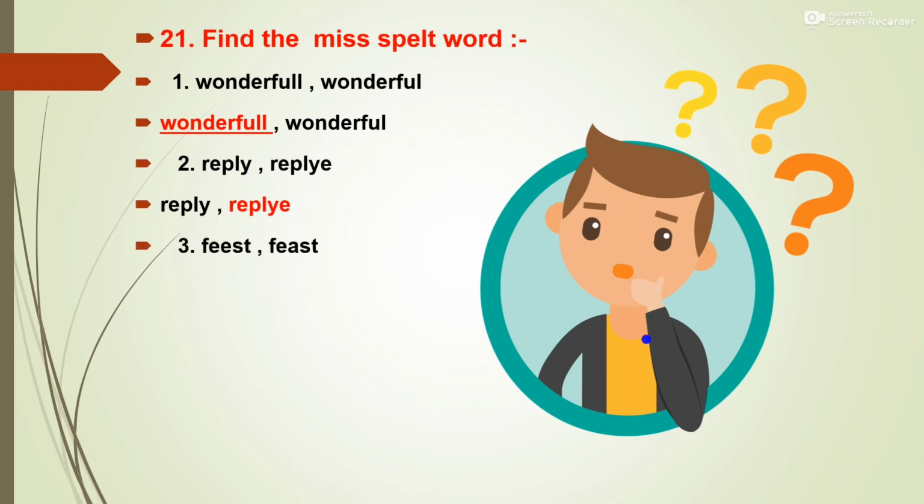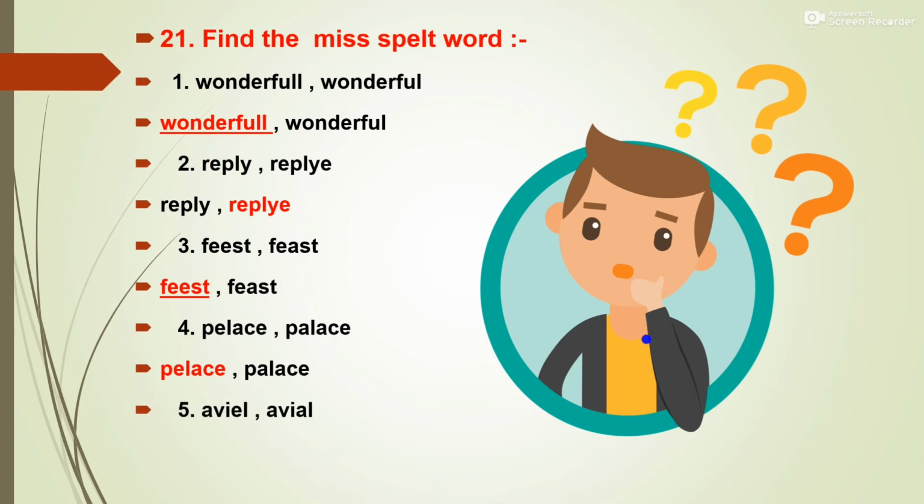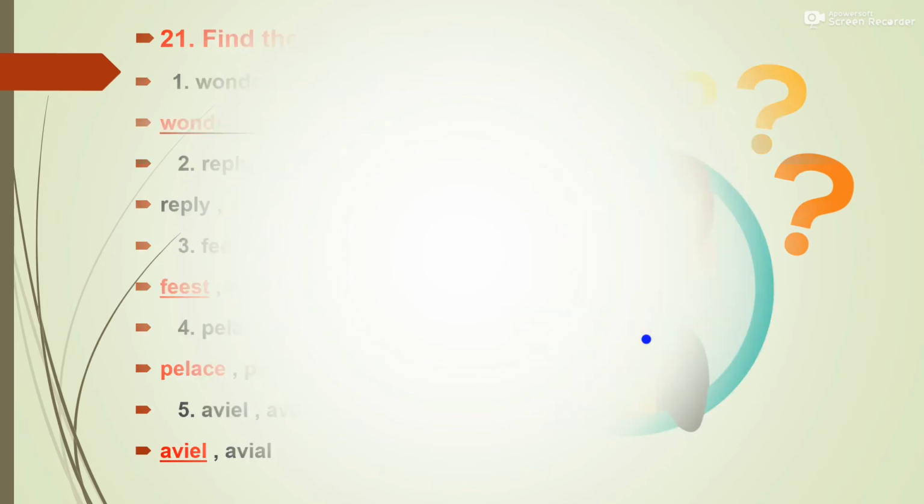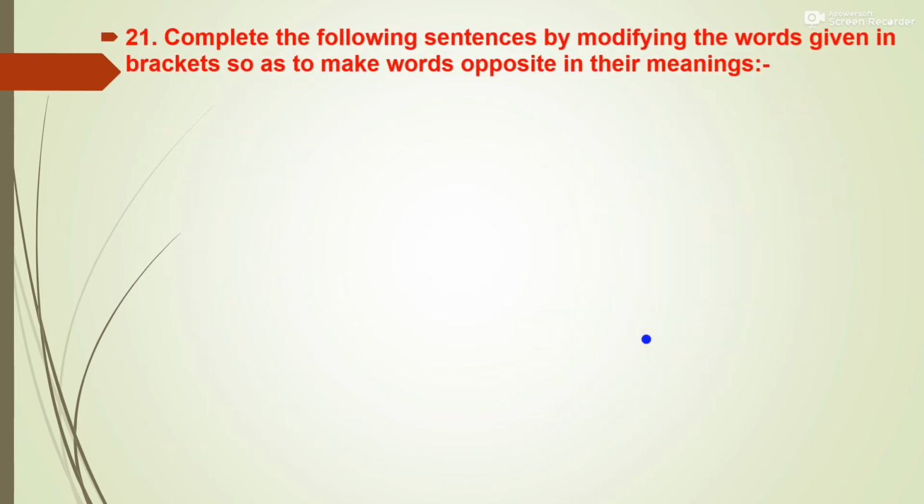Then feast, FEEST is the misspelled word. Then palace is the misspelled word because it will be palace. Then Avial, AVIEL is the misspelled word. Misspelled word means the word which has a wrong spelling.